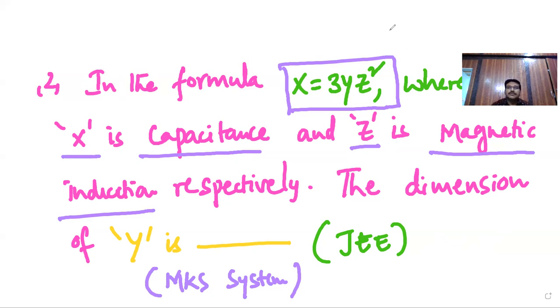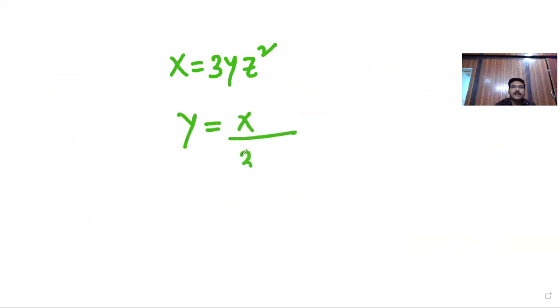Let us solve this question. The given equation is x is equal to 3yz square. Now, we need the dimension of y. So y is x by 3z square. Since this term 3 is a numerical, it does not have any dimensions.